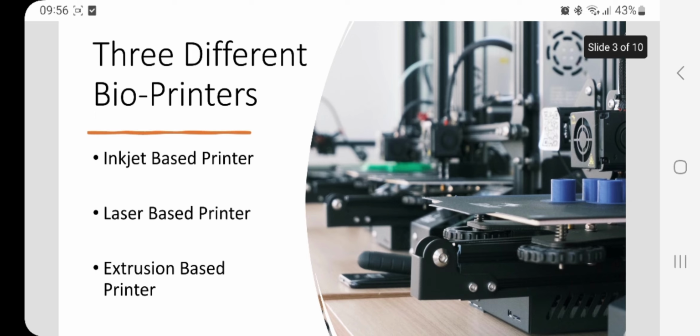Inkjet functions similarly to traditional inkjet printers, but unlike the traditional inkjet, it is filled with biological ink, comprised of cells, hormones, and building blocks to build a tissue and an organ. Inkjet bioprinters are able to create fine, high-resolution structures, but this printer struggles with printing thick, complex tissue.